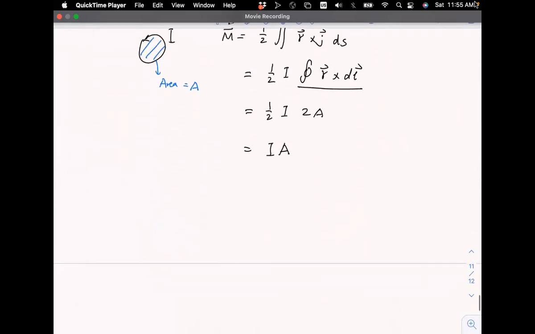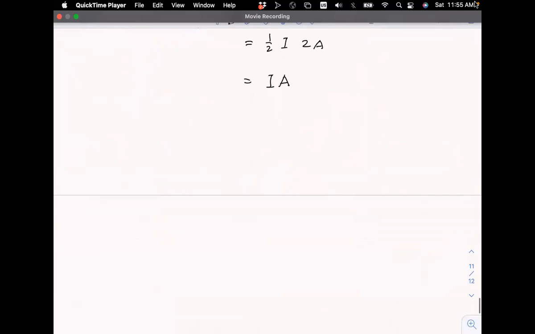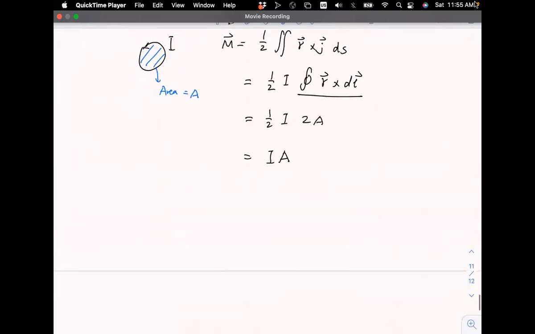Okay, so now let's consider a point particle. For a point particle, what is the mu? Then you just go back to the same definition. Let's say Q is the charge.